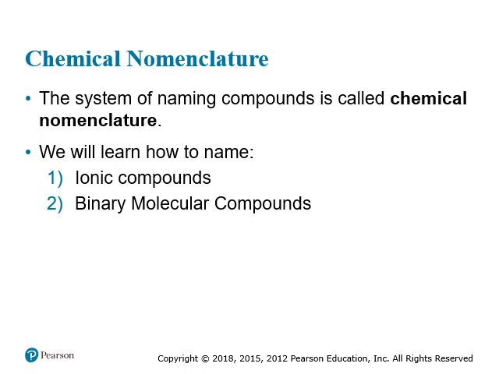The last thing we're going to do in this chapter is understand how to name compounds. Compounds, whether they be molecular compounds or ionic compounds. Now, we're going to easily be able to name ionic compounds.